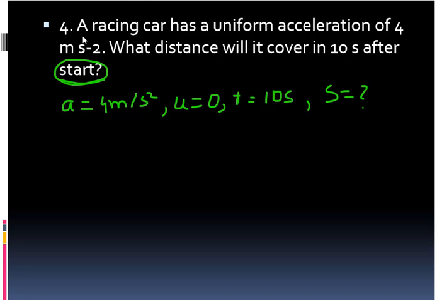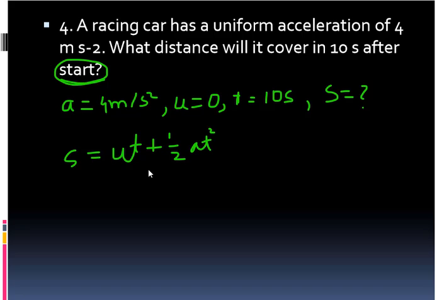Now see, a racing car has a uniform acceleration of 4 meter per second square. What distance will it cover? Here I need to find out distance in 10 seconds. Time is 10 seconds. After start, that means u is 0. So s has two formulas, s equal to ut plus 1 by 2 at square.